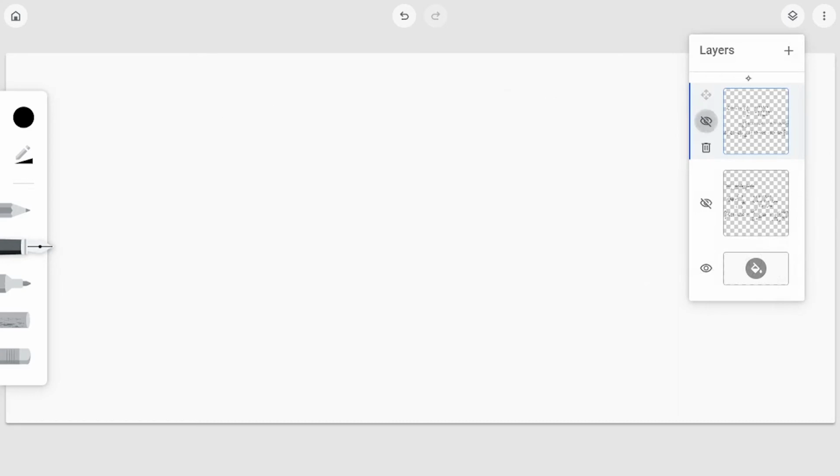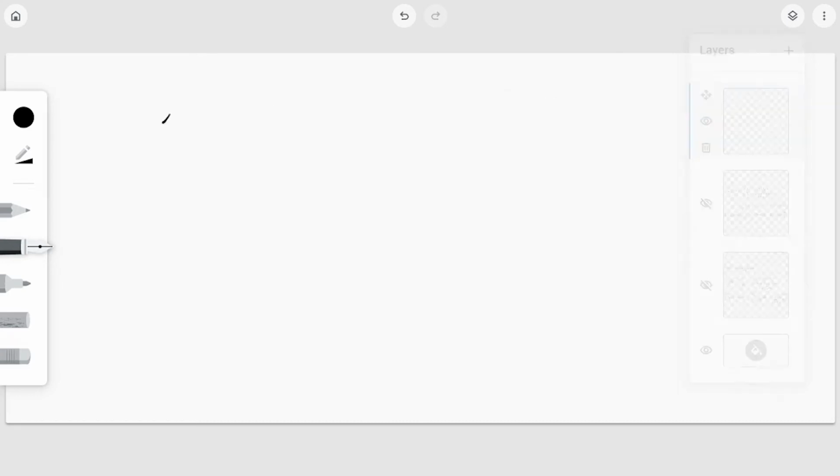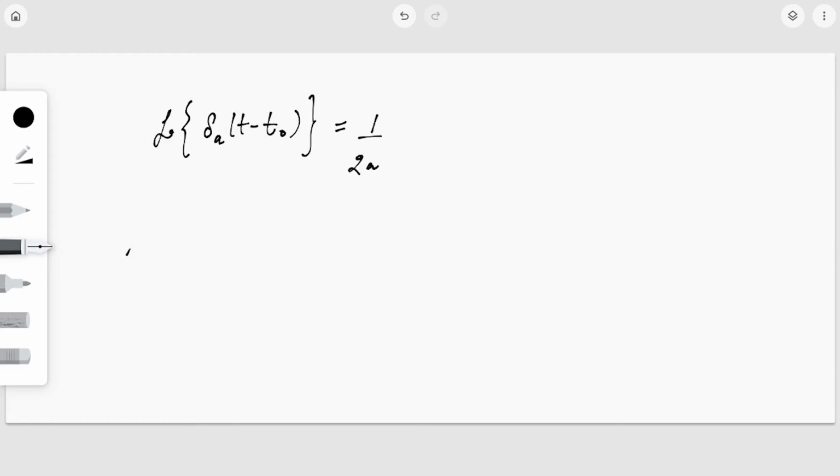So what will this value be? The Laplace transform of delta a of t minus t dot will be nothing but 1 by 2a. Now we know the Laplace transform of the unit step function t minus a is nothing but e raised to minus sa divided by s, right?